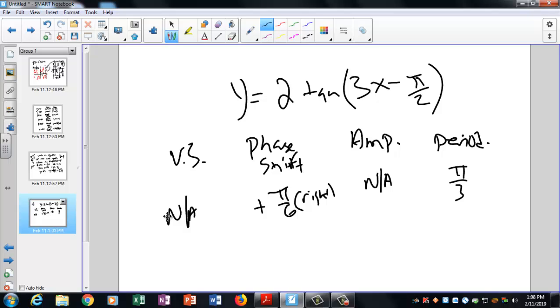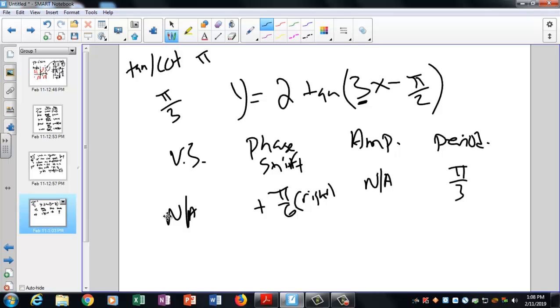Can you explain how you got the period? Yes. So the question was, how did I get the period? And the answer is, the period for tangent and cotangent is pi normally. So if there's no number in front of the x, the period will be pi. If there's a number in front of the x, the period becomes pi divided by whatever that number is.